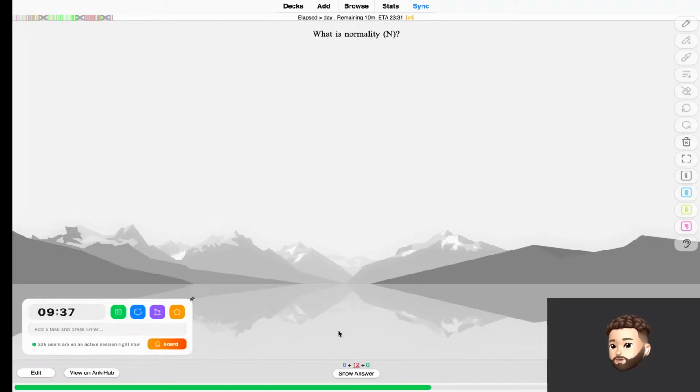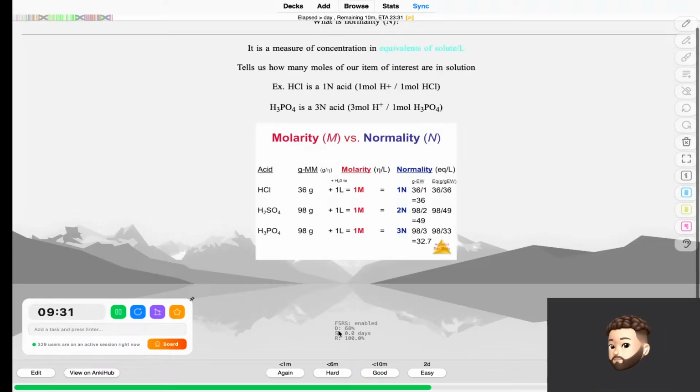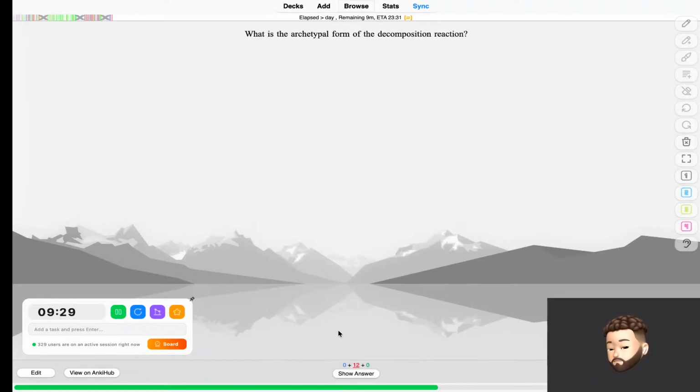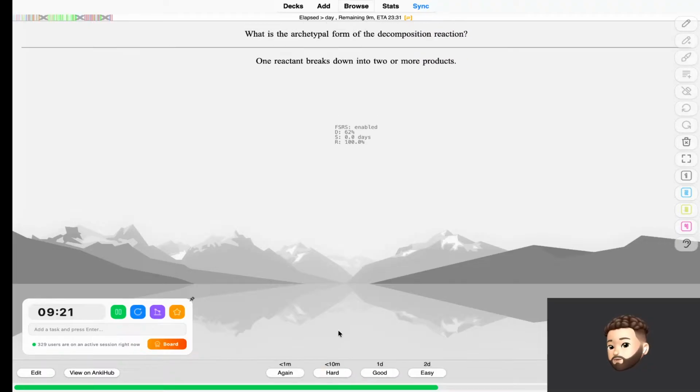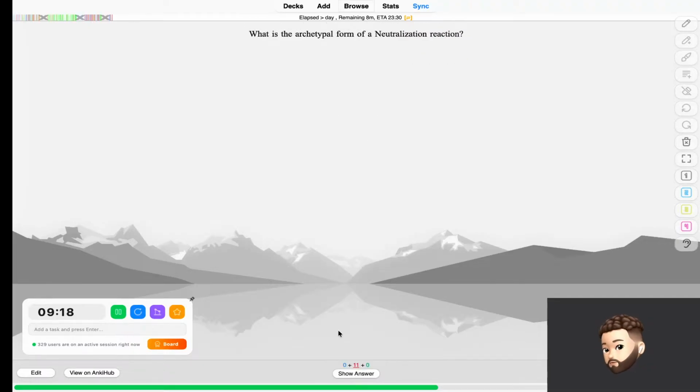What is normality? It is the measure of concentration in equivalents of solute per liter. Decomposition is one reactant being broken down into two or more products. Acid and base, so water and salt.